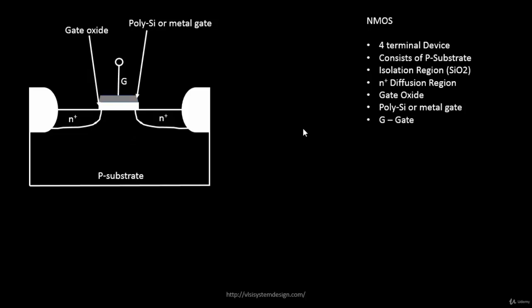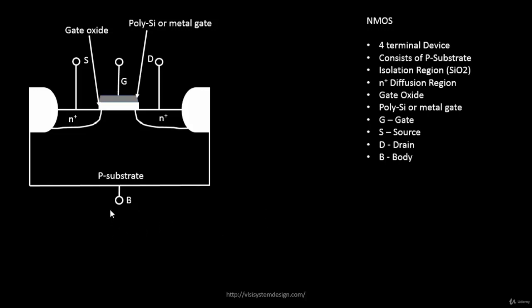Let's denote it by G. You have the source terminal, which is at this point. Let's call the other one the drain terminal. And let's call the last one, which is again an important one, the body terminal. Usually, while drawing the symbol of an NMOS transistor, we don't denote this body terminal, because it's just not doing anything, it's grounded.